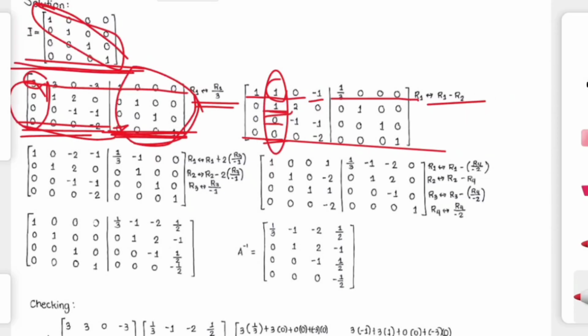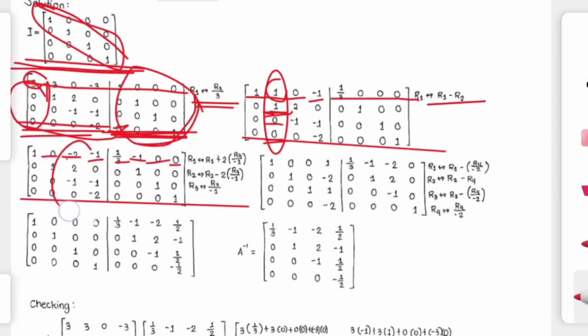With that, we have 1 minus 1 is equal to 0, and then negative 2 came from 0 minus 2, so we have negative 2, and then negative 1 minus 0 is negative 1, and then 1/3 minus 0 is equal to 1/3, and then 0 minus 1 is equal to negative 1, 0 minus 0 is equal to 0, and also 0 here. So with that, we have formed this.